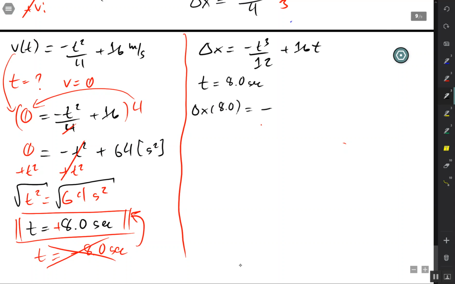So that is negative 8 cubed over 12 plus 16 times 8. Now, since this is displacement, the units here should come out to be meters. Remember, we can only add or subtract things that are the same.